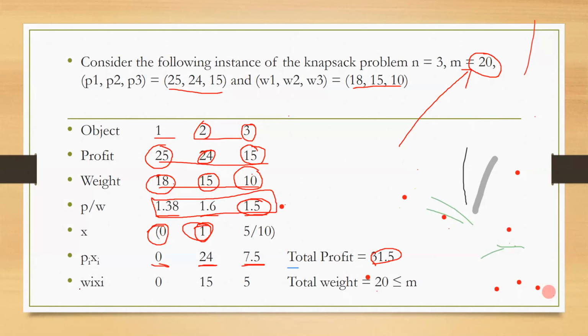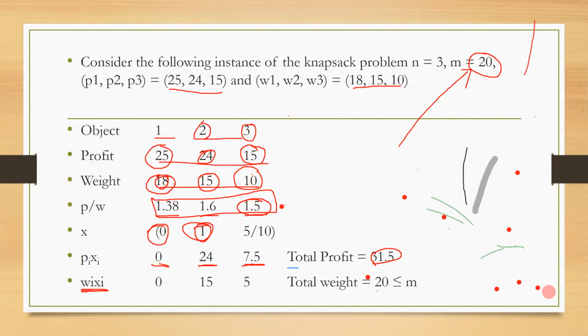Wi into xi, the last part: you have to check whether the weight exceeds 20 or not. You can use this Wi xi formula to check it. W1 is 18 and x1 is 0, so 18 into 0 is 0. Object number 2's weight is 15, and 15 into 1 is 15.